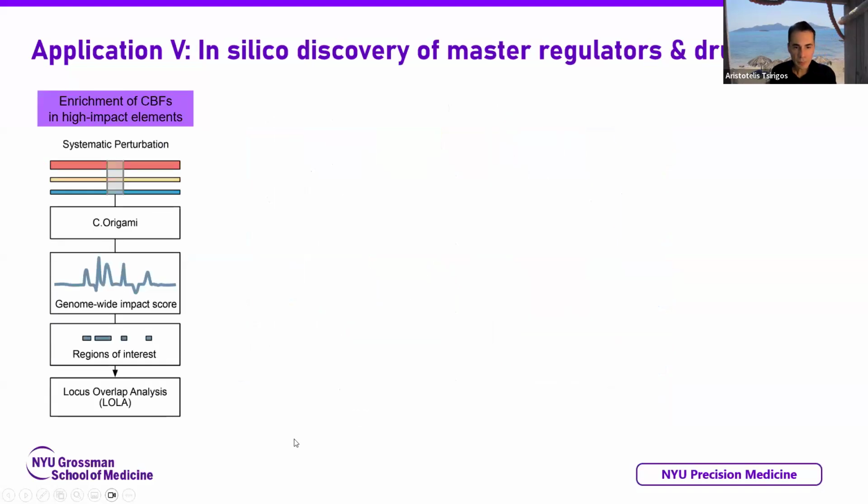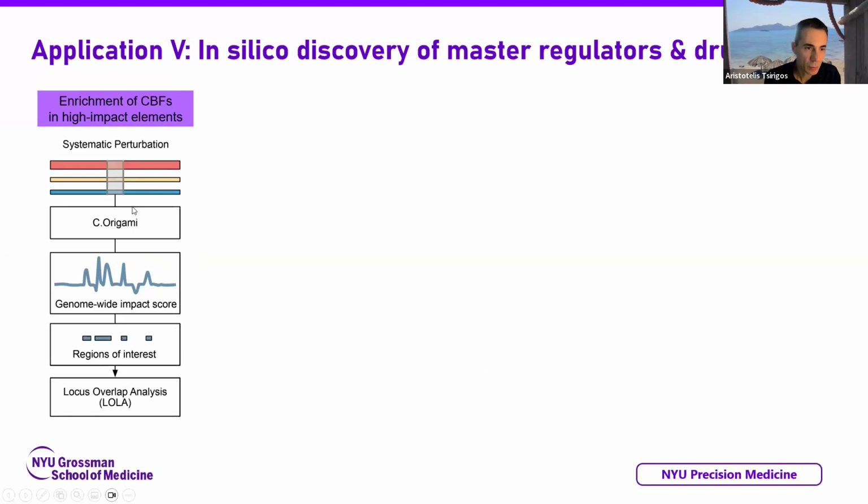So what can these other factors be? And they can be cell type specific. So we thought not only we have now a method to do genetic screening and quantify an impact score of a certain regulatory element in the genome or all the regulatory elements in the genome, but perhaps we can use this to identify master regulators of chromatin organization. And so this is what the last application is about.